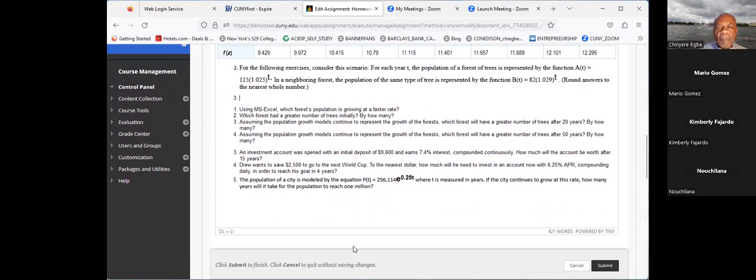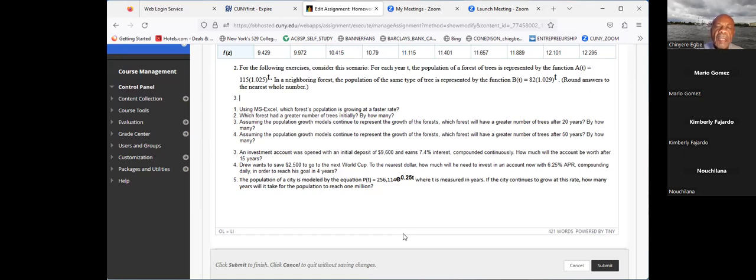All right, so now we are going to solve the other problem, problem number 5. It says the population of a city is modeled by the equation P of T is equal to 256,114 times E to the power 0.25T.